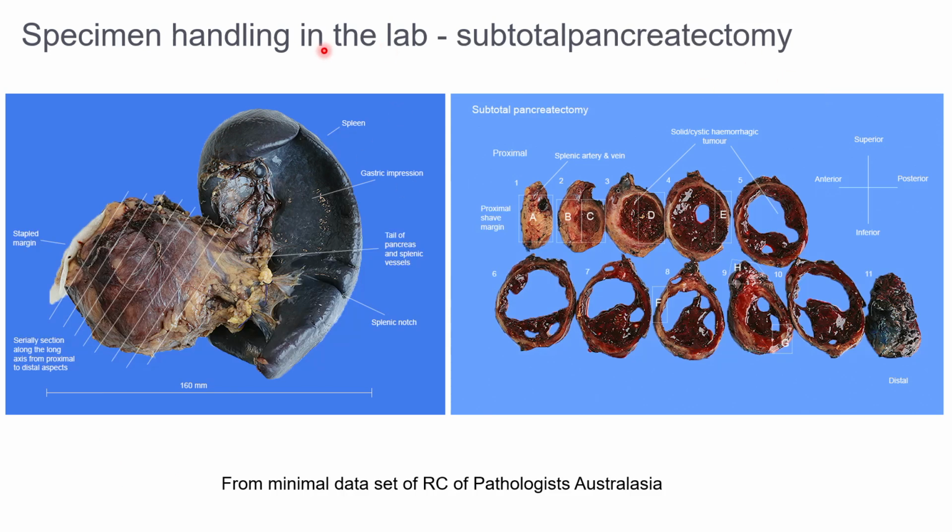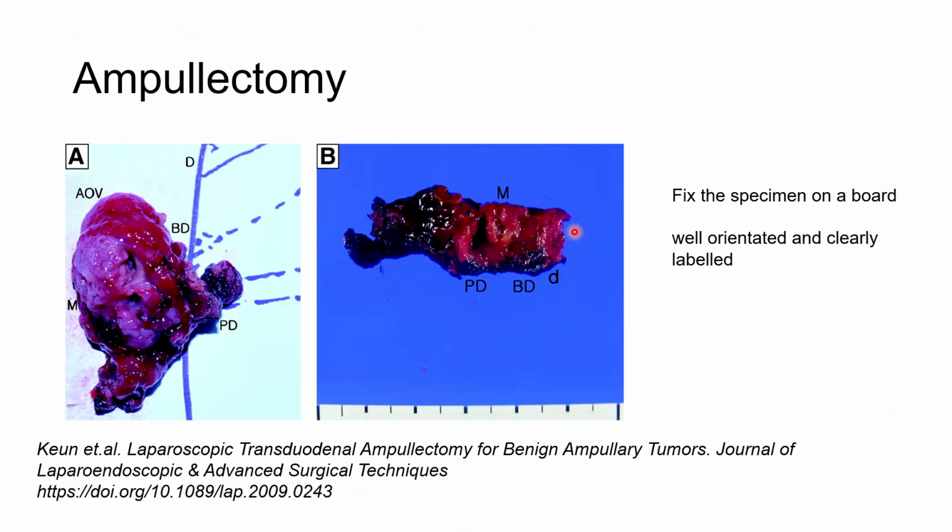So this is a solid pseudopapillary tumor of the pancreas, and then occasionally we can get ampullectomies, especially for benign tumors in the ampulla. Now in this situation, especially if it is a benign tumor resection, the orientation is extremely important, because there is no way we will be able to orient the specimen.